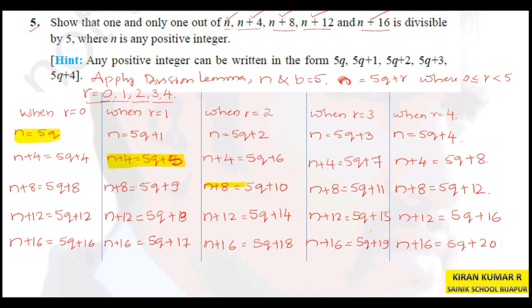Same way, when r is 2, in this case we have a multiple of 5. When r is 3, in this case it is a multiple of 5. When r is 4, in this case it is a multiple of 5.